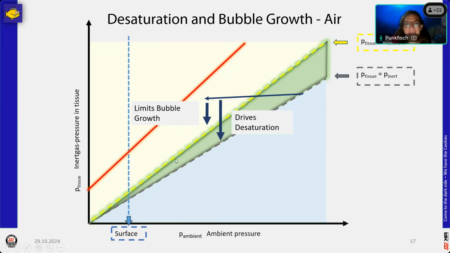The idea behind this is that the sooner we stop, the more efficiently we can limit bubble growth, because bubble growth needs a big supersaturation. The higher the supersaturation, the more likely it is that bubbles start to form.